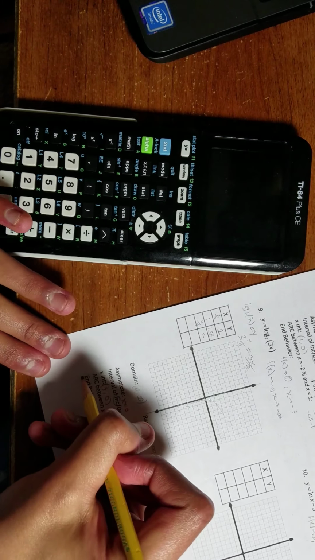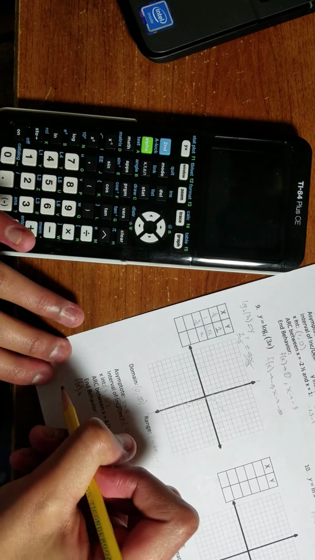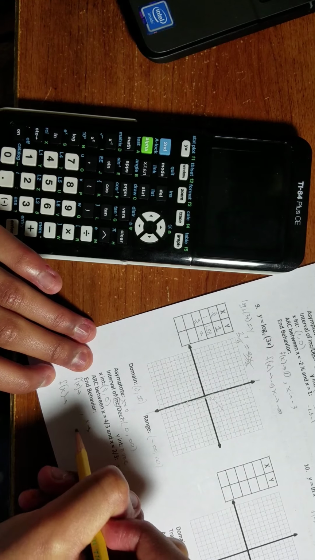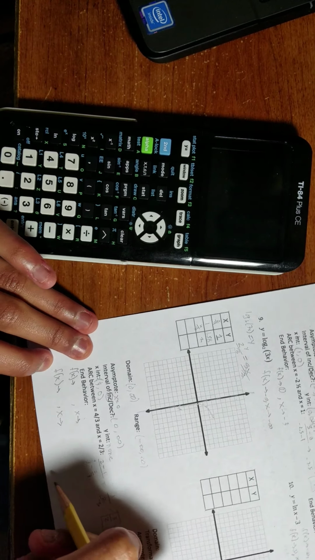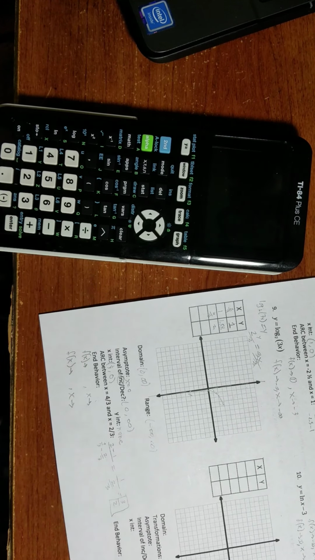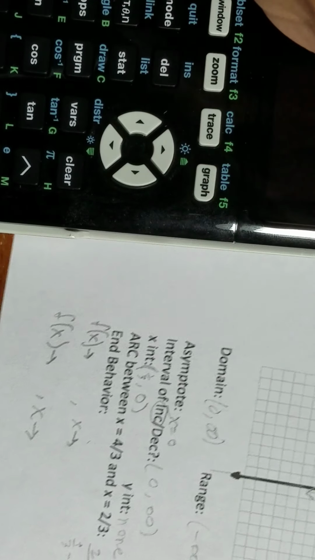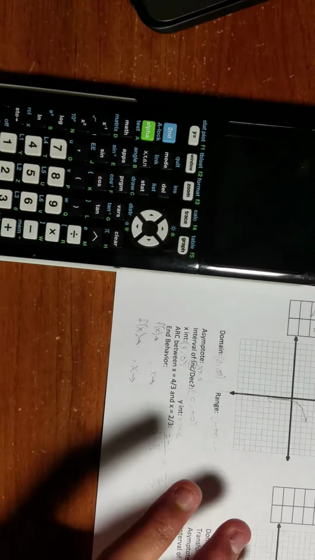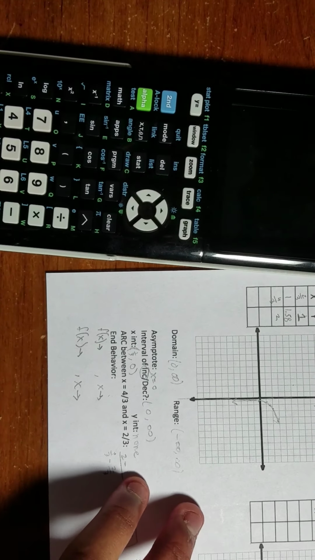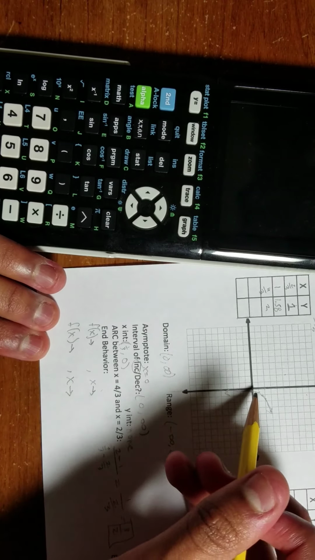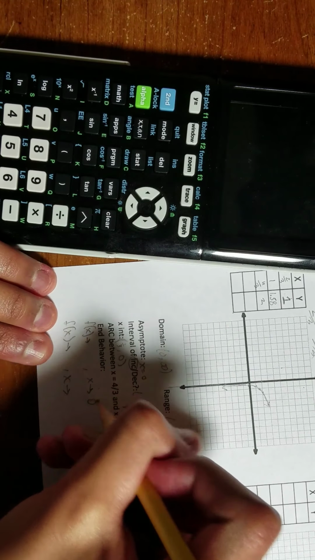End behavior, simple process here. I'm just going to write it out. Actually no, you can't see the graph. That's important. It's going towards the 0, so that's what your x is.